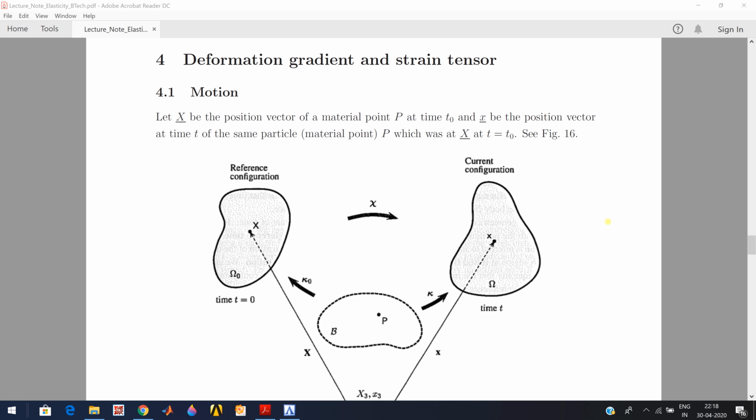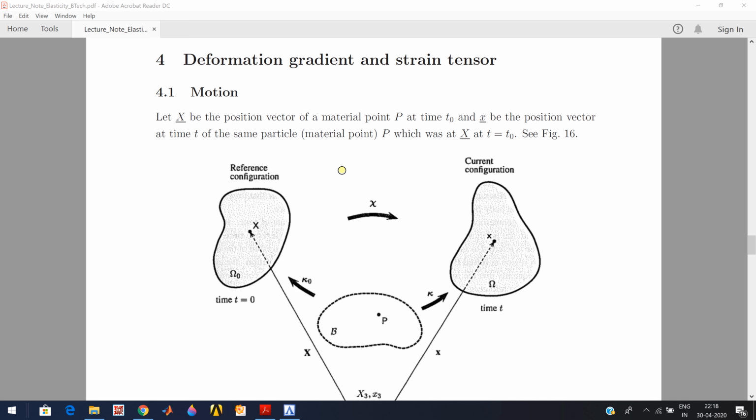So the concept discussed in this lecture will be applicable to both solid and fluid, and together we call them a continuum body. But in elasticity, mainly we relate the material as a solid material, but the concept discussed here will be applicable to both solid and fluid. So with that, let us start the discussion on motion.